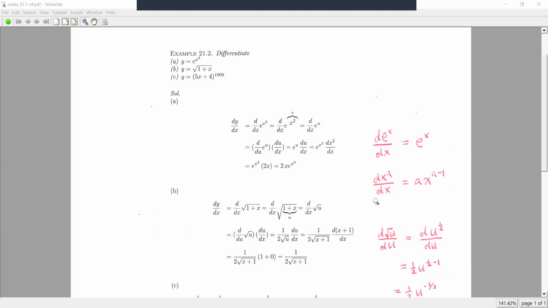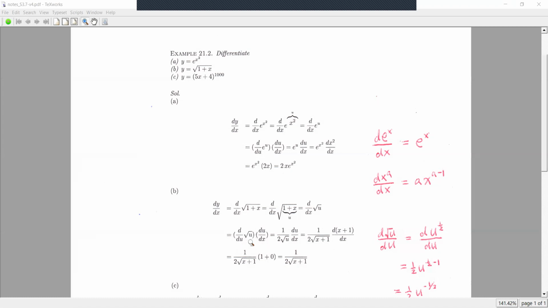So I cannot directly apply this formula to compute this derivative. To overcome the difficulty, I insert du to the bottom and put du on the top. This step is the chain rule. This is a product of two derivatives.